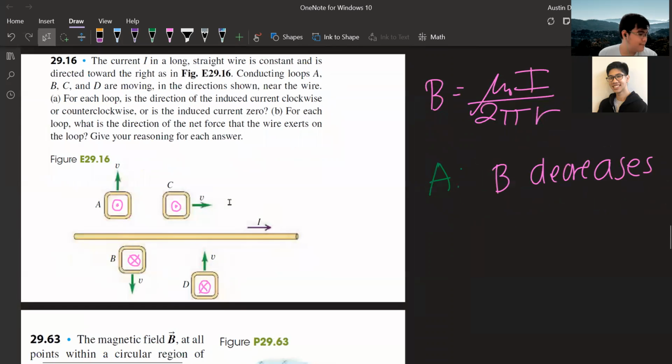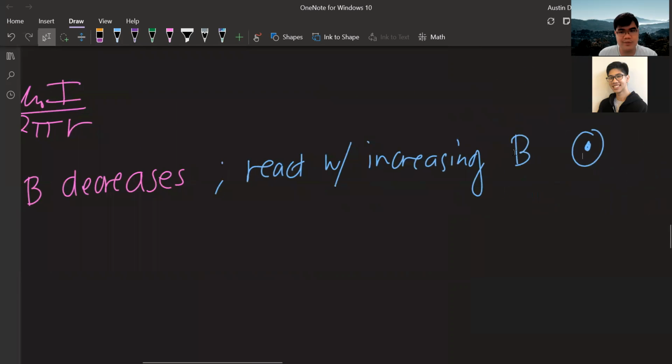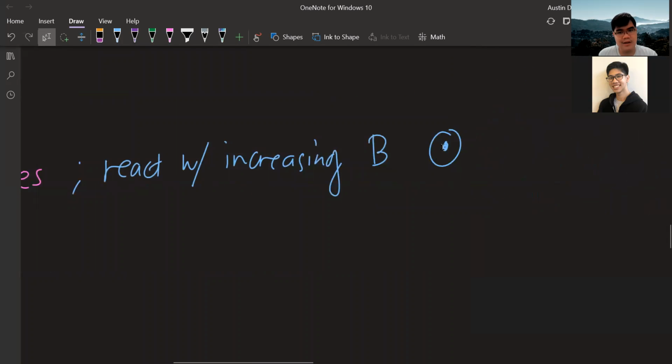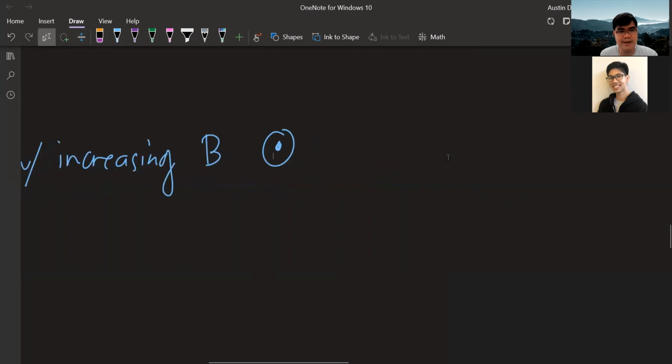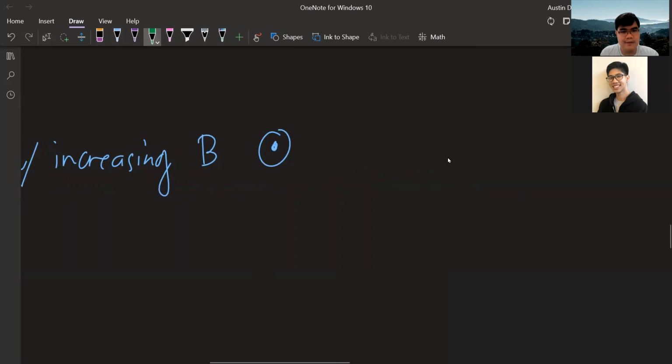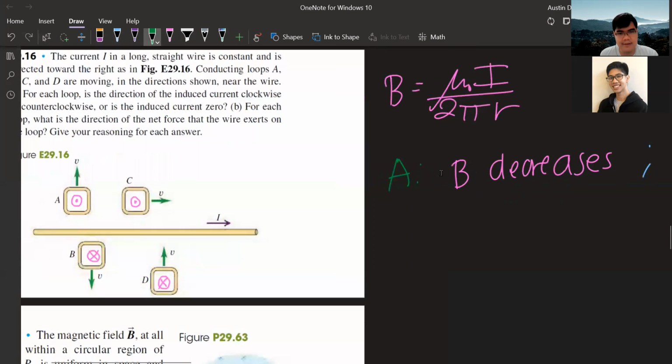So therefore, to produce this current, to produce this field, the current needed is counterclockwise. Gawin ko na lang CC. CC.